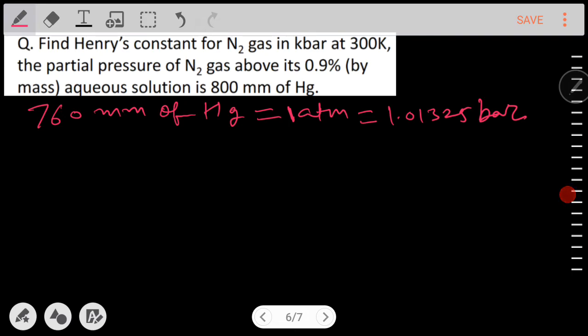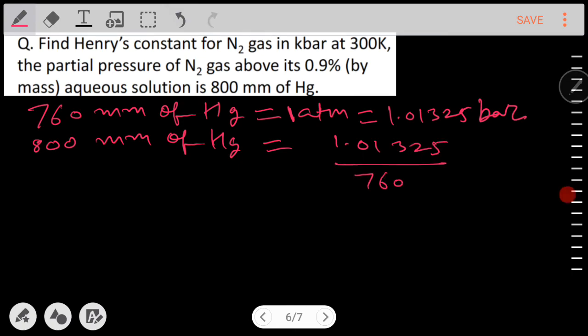So 800 mm of Hg will be equal to 1.01325 upon 760 into 800 bar, and this on solving will be 1.0666 bar.